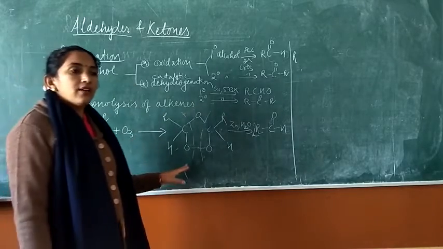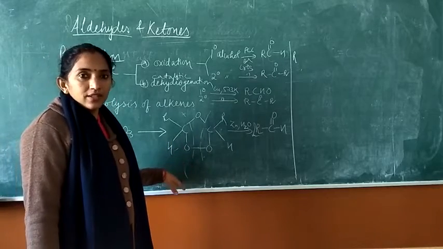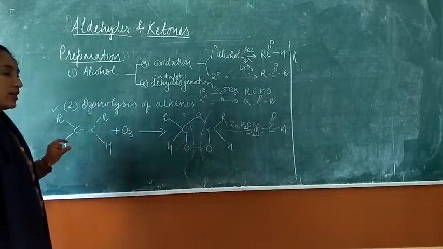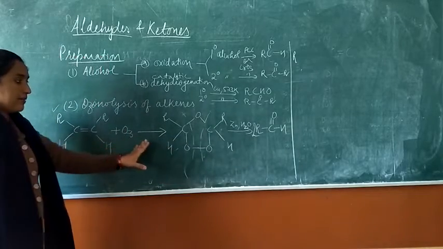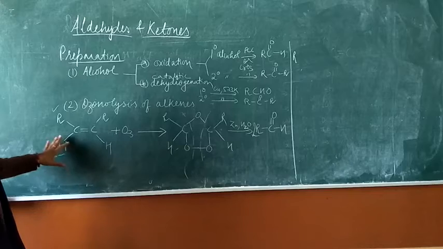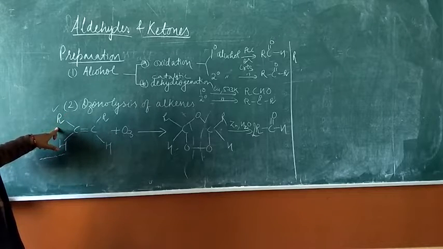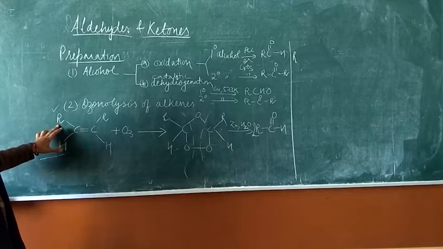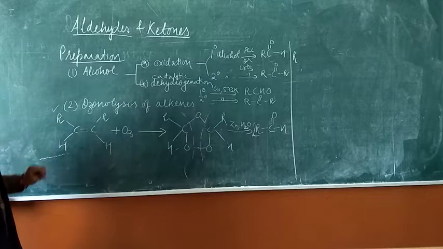Now, students, next is the ozonolysis of alkenes. This too we have discussed in the previous year, that is class 11th, under the heading of chemical properties of alkenes, but here I am revising it again. So we are taking an alkene here, RCH=CHR. Instead of R, you can place here CH3 or C2H5, or any other alkyl group.